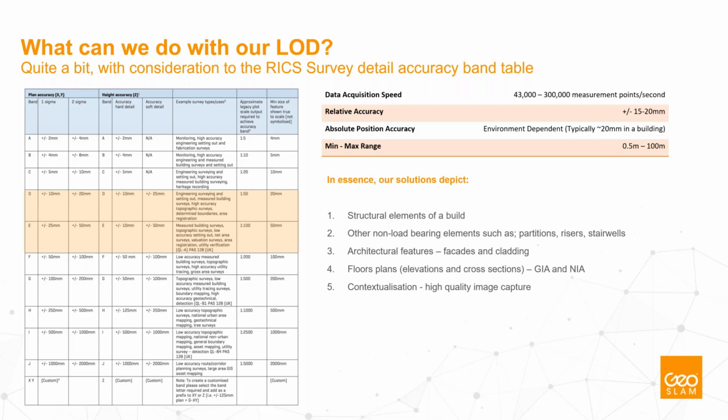In this case, contextualization stands for being able to capture high-resolution imagery with 360 panoramic cameras, which is part of GeoSLAM accessories. Usually people would use it for measured building surveys, topographic surveys, and so on. I hope that gives a clear indication of what GeoSLAM solutions can be used for.